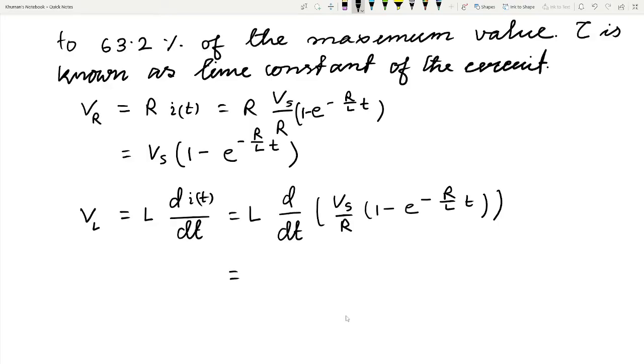So this is equal to L by R Vs times (minus e to the power minus R by L t) times (minus R by L).